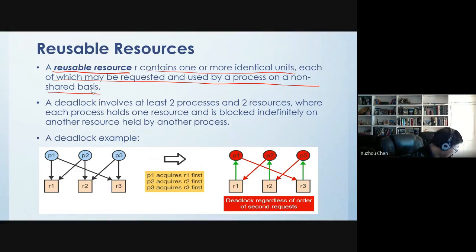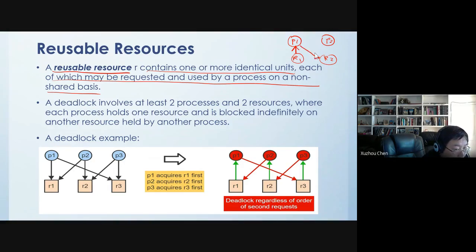So the simplest deadlock case is like this. You have process 1 and process 2, and resource 1 and resource 2. Process 1 is currently holding resource 1, and process 1 requests resource 2.